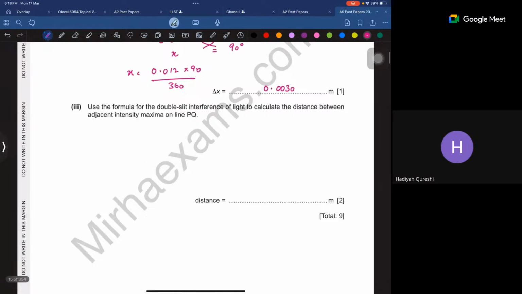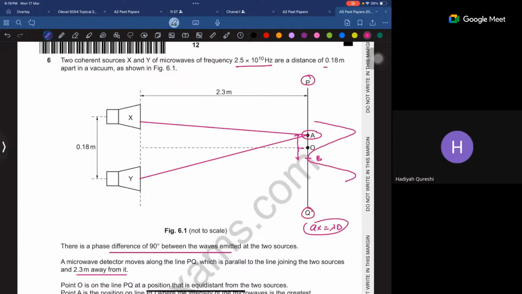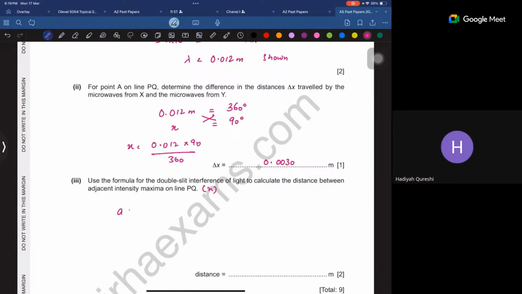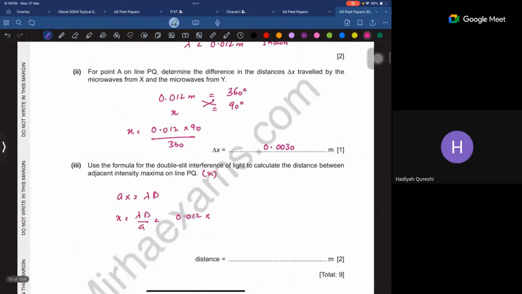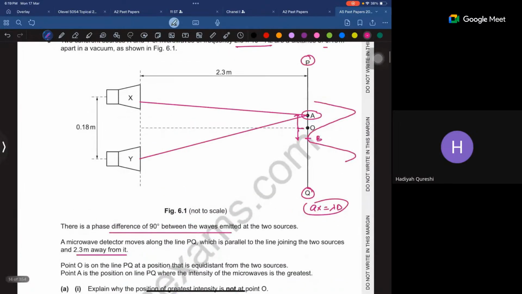Then, using the formula for double slit interference of light, calculate the distance between adjacent maxima on PQ. So basically we want to find x, right? So ax equals lambda D, like I told you. And we've got to find that x. So x is lambda D over a, lambda is 0.012, the distance is given as 2.3, and a is given as 0.18.